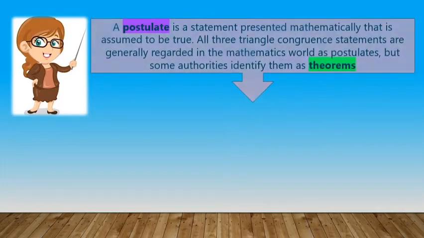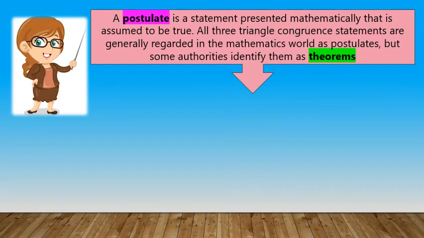Before we introduce side angle side, angle side angle, and side side side, we need to do this first. A postulate is a statement presented mathematically that is assumed to be true. All true triangle congruence statements are generally regarded in the mathematics world as postulates, but some authorities identify them as theorems. We know that a theorem is something we need to prove.